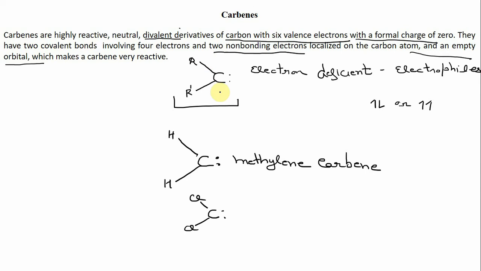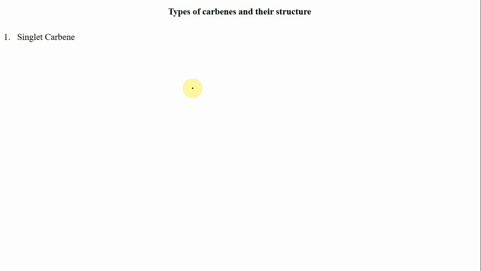So depending upon the spin of these 2 electrons over carbon, we can classify carbenes into 2 categories. The first type is the singlet carbene, and the second type is the triplet carbene. Here the words singlet and triplet define the multiplicity of a particular carbene.